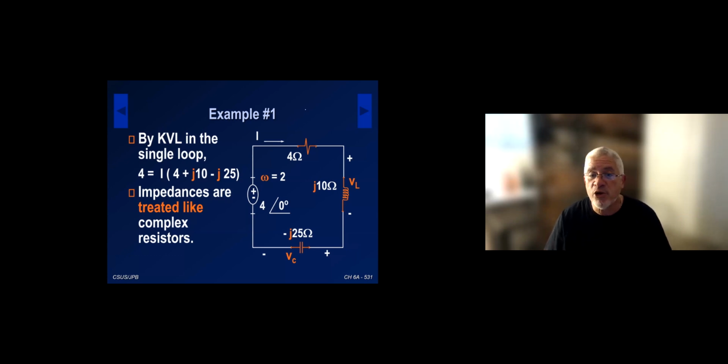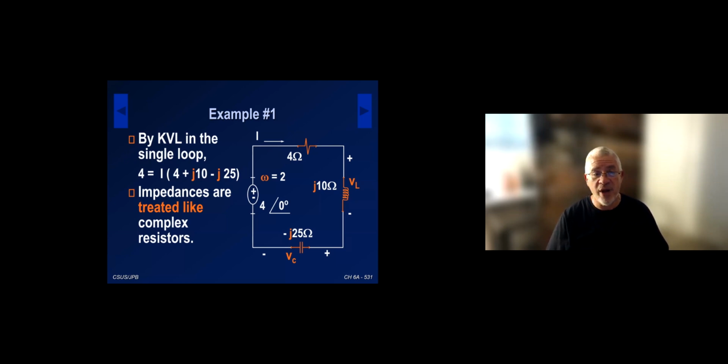Once we convert the circuit to phasor form, we can use the elements as if we're talking about complex resistors. They're not resistors, but we can combine the impedances like we were combining resistors in the past. In this case, the voltage, 4 at an angle 0, which is 4, is equal to the phasor current I times the sum of the impedances, just like resistors in series.